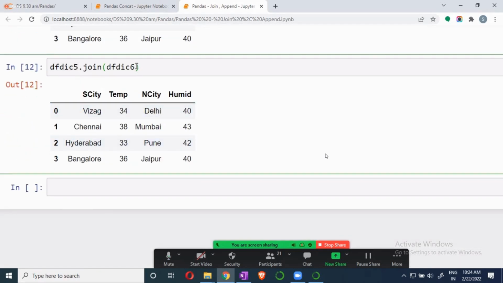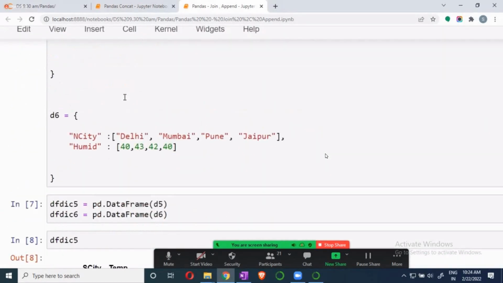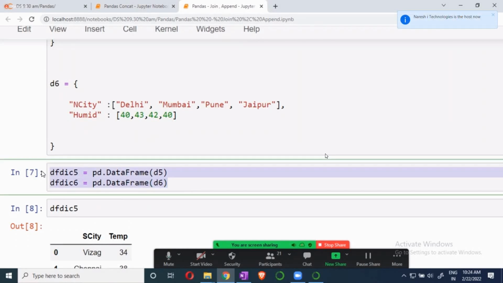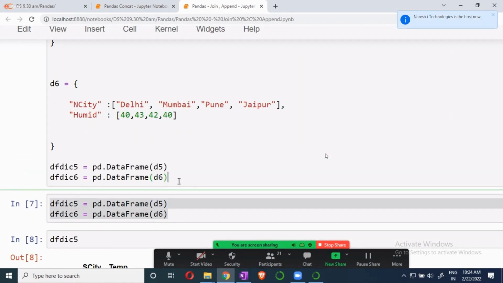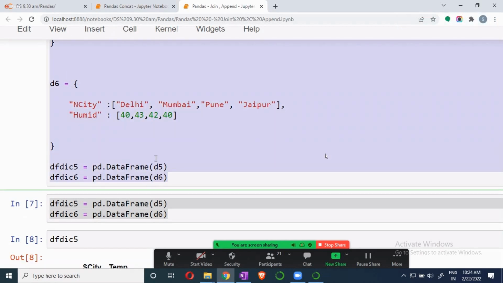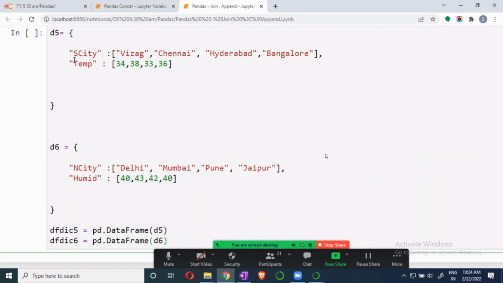Now there are some simple things. If we have a common column, let me put it like this. I removed this one, city, and I will keep it as city only.